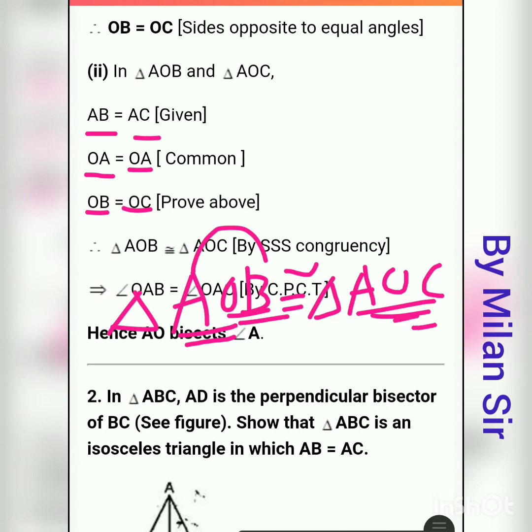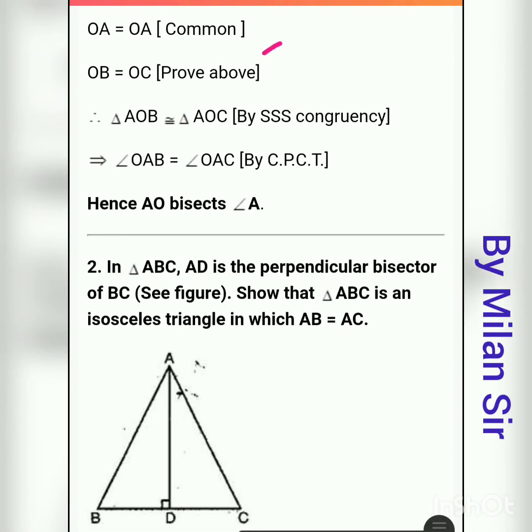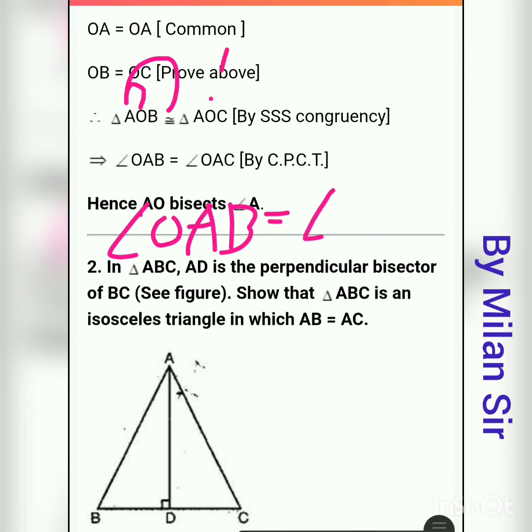Right, now the setup is done. So triangle AOB is congruent to triangle AOC, and we need to write that here, and the reason is the SSS congruency criteria, right? Now by using CPCT we can say that angle OAB, second, first, third, so the same sequence we need to follow here: second O, then first A, then third C, OAC.